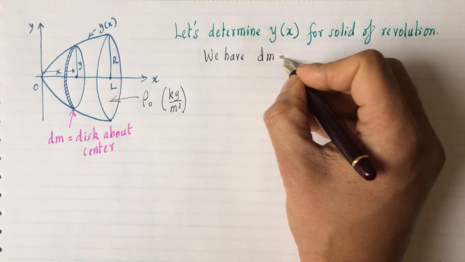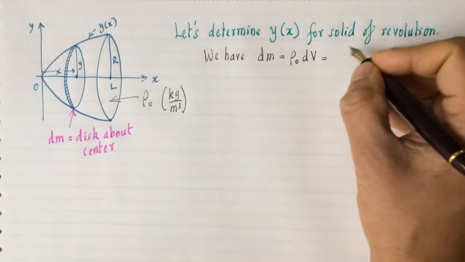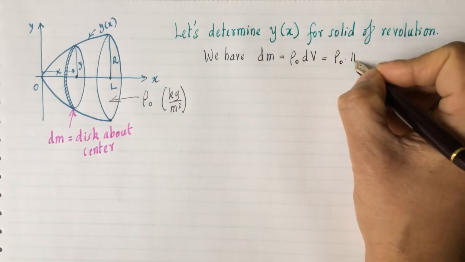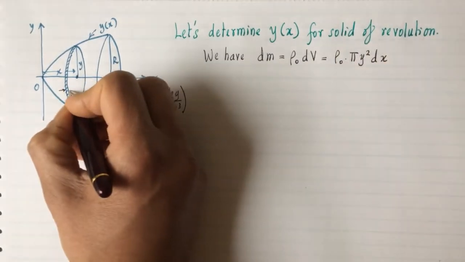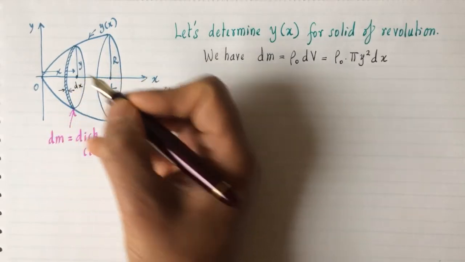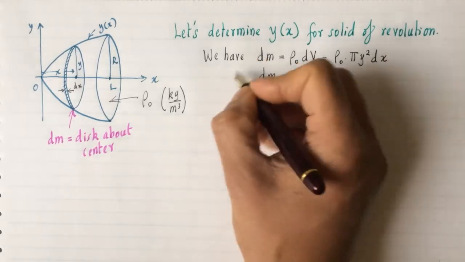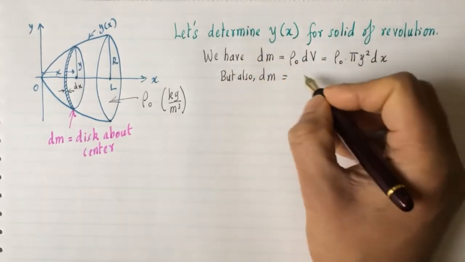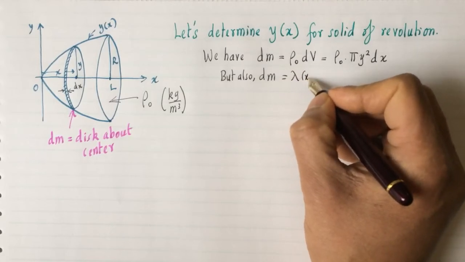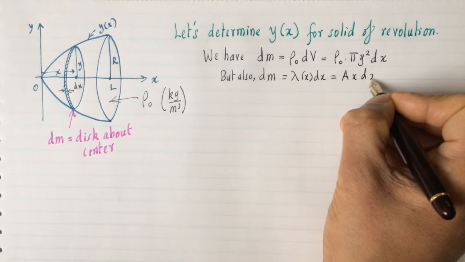So your dm is rho naught times dv. Well, the volume of a disk is just the area of a disk, which is pi y squared, and the thickness is dx. That's your thickness dx. But also we have dm equals lambda of x dx, and lambda of x in our case is ax dx.